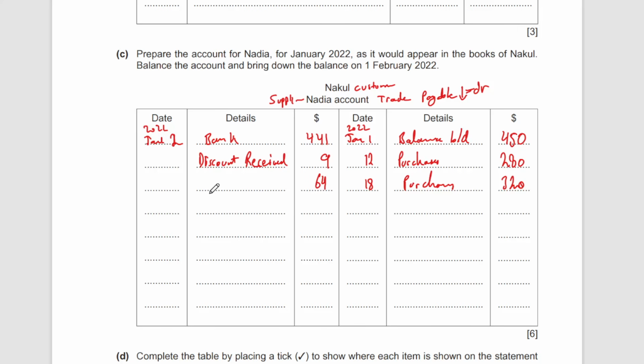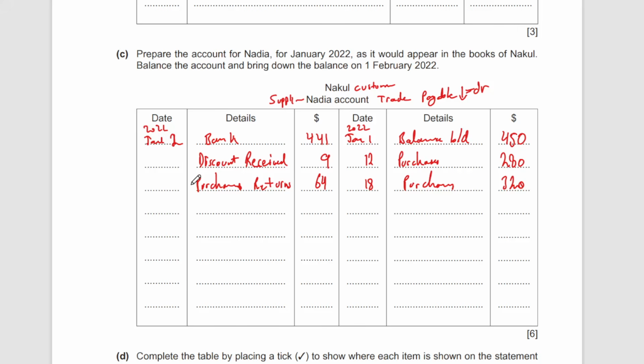We don't have to pay that to her anymore because we returned the purchases. The purchases were returned. Of course, on the other side, we can actually say purchase returns, right? Purchase returns.